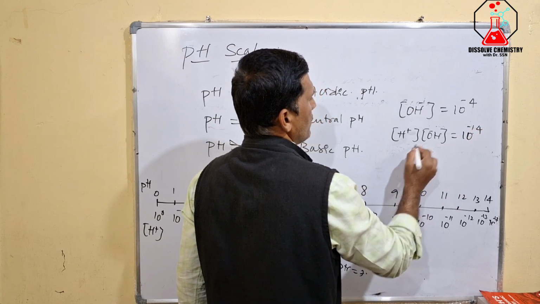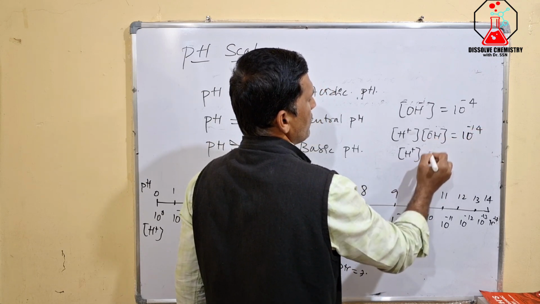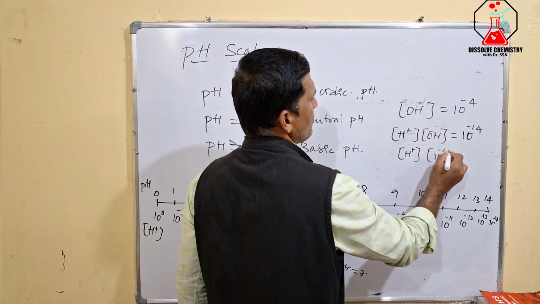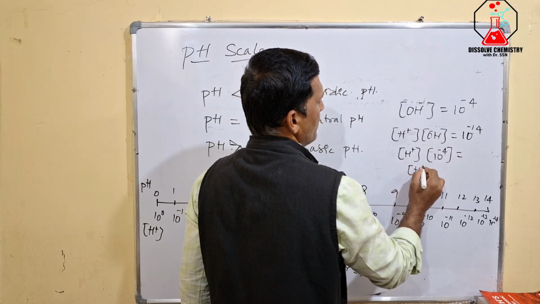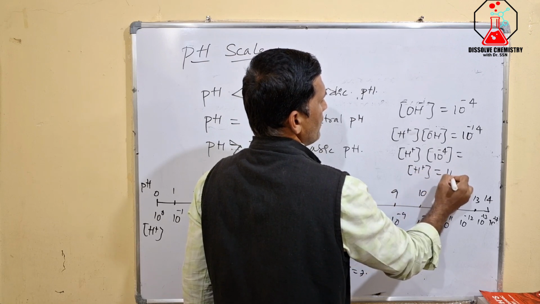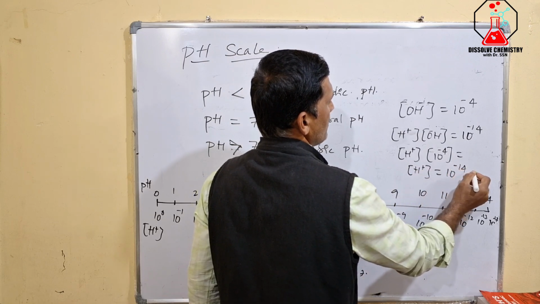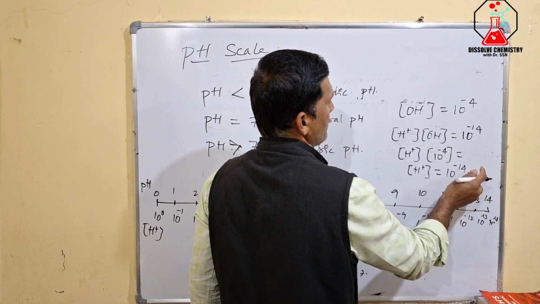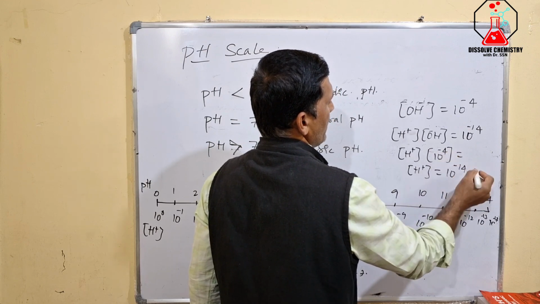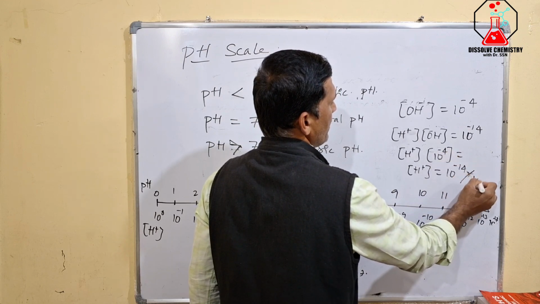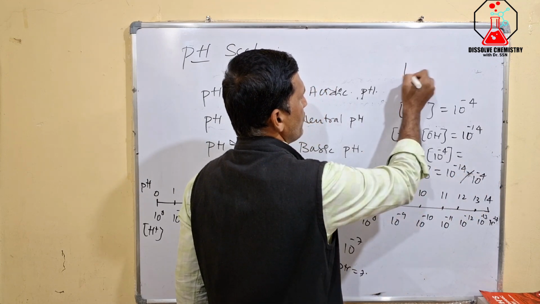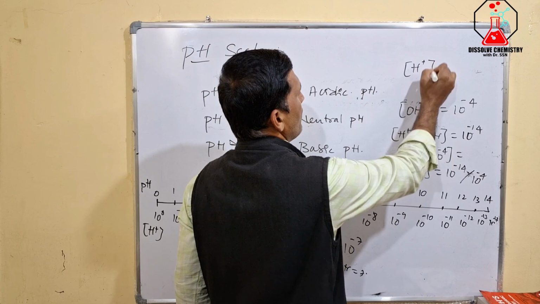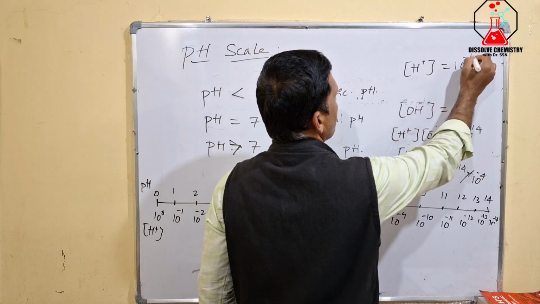So when the OH minus ion concentration is 10 to the power minus 4, the H plus ion concentration will be 10 to the power minus 14 divided by 10 to the power minus 4, which turns out to be 10 to the power minus 10.